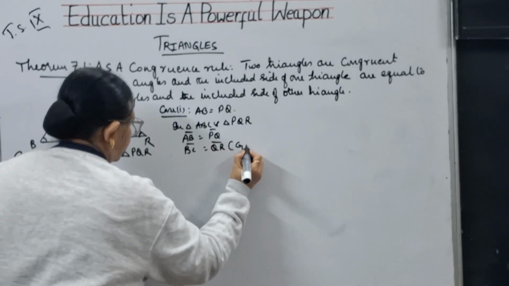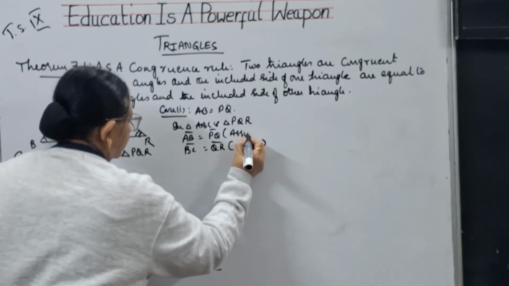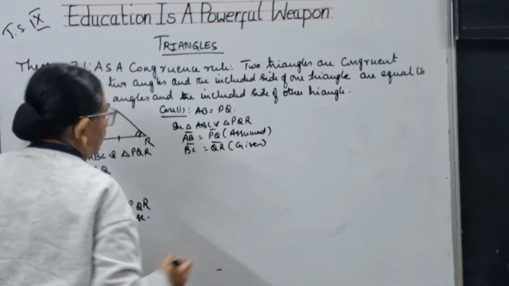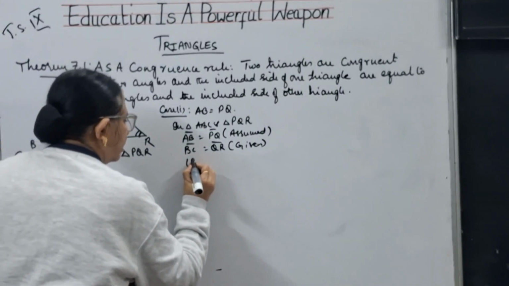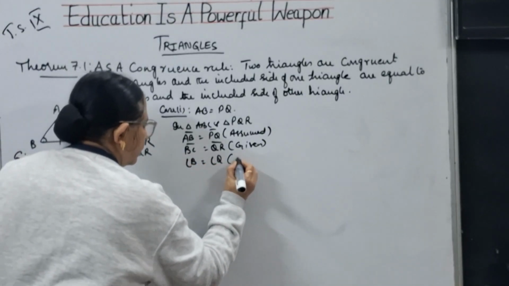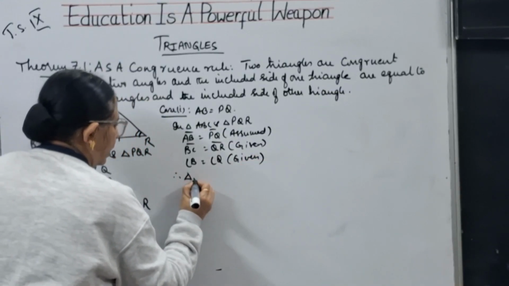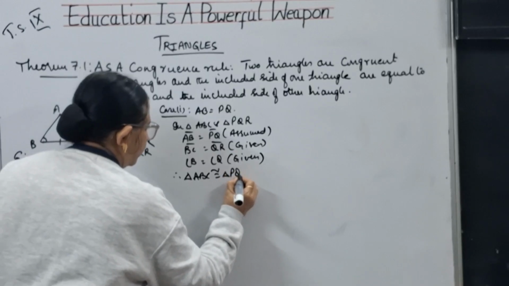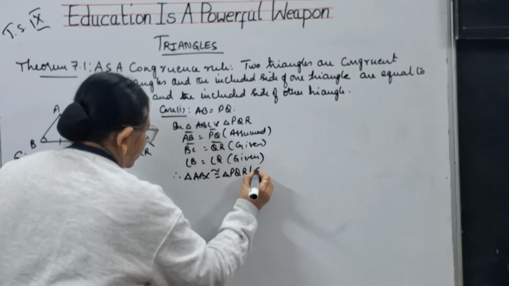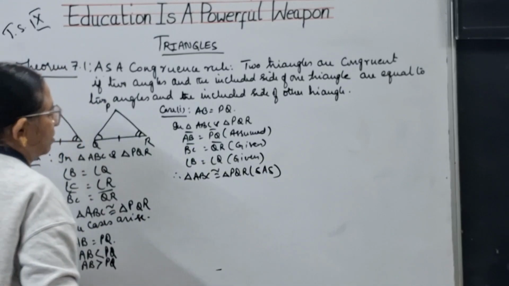This is given to us. This is what we have assumed. AB is equal to PQ, BC is equal to QR, angle B is equal to angle Q. This is also given to us. Therefore, triangle ABC is congruent to triangle PQR based on the side angle side axiom which you have learnt earlier, children.